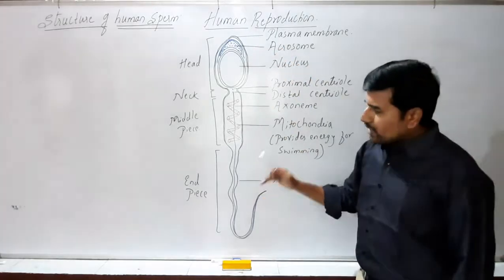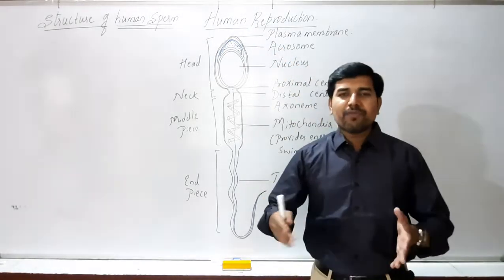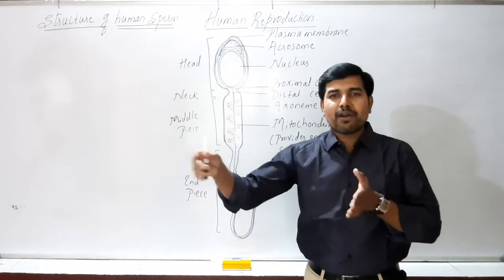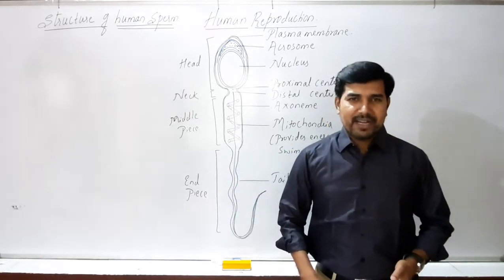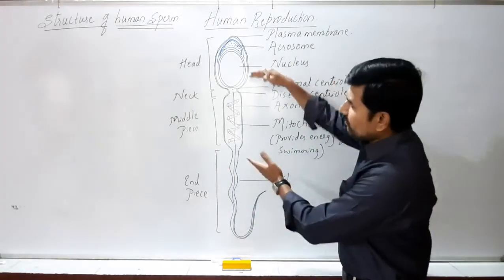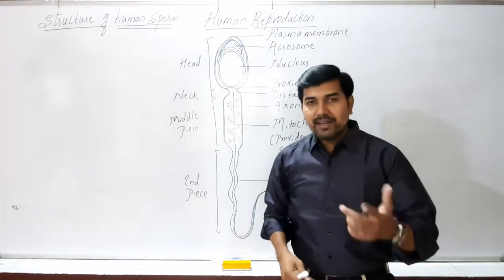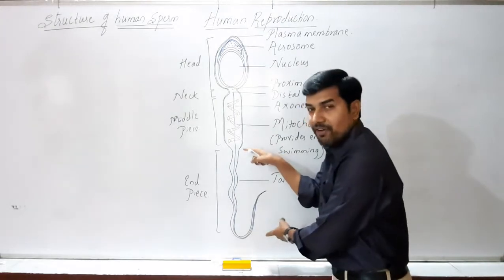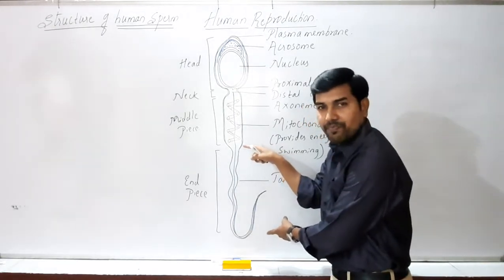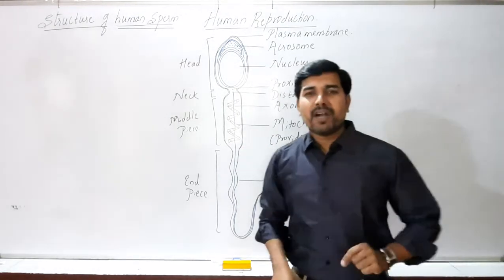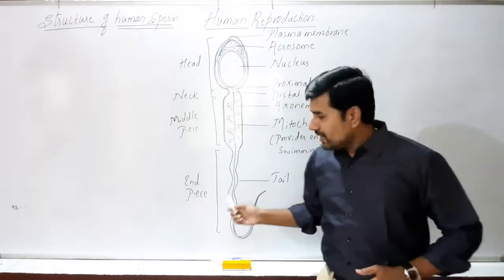Now the length of the sperm also varies. It is around 60 micrometer in length. If the length of the sperm is 60 micrometer, then the length of the tail is 50 micrometer out of it. That means the longest part in the human sperm is the tail.